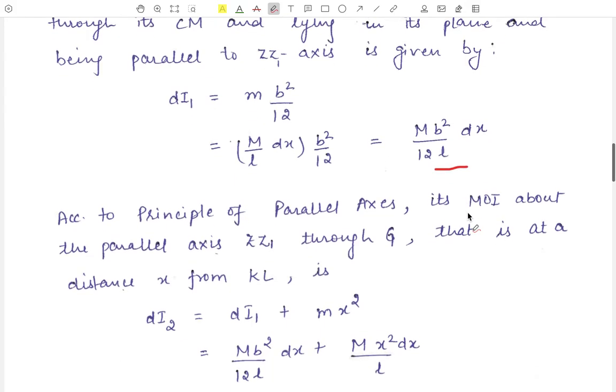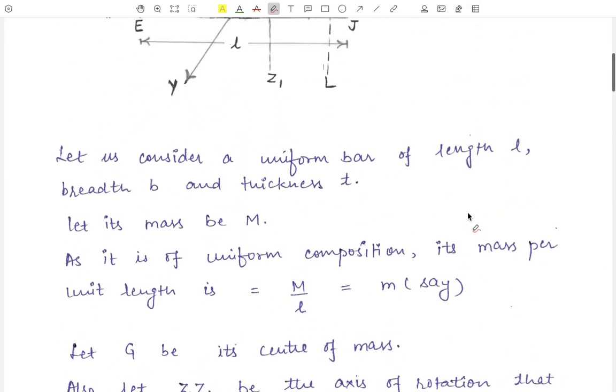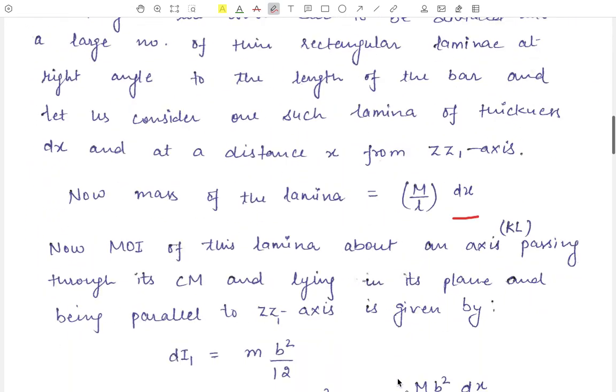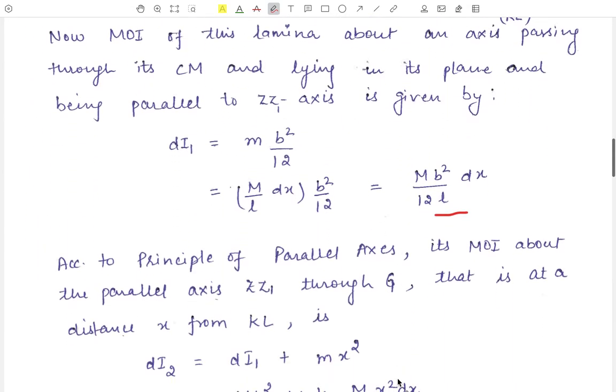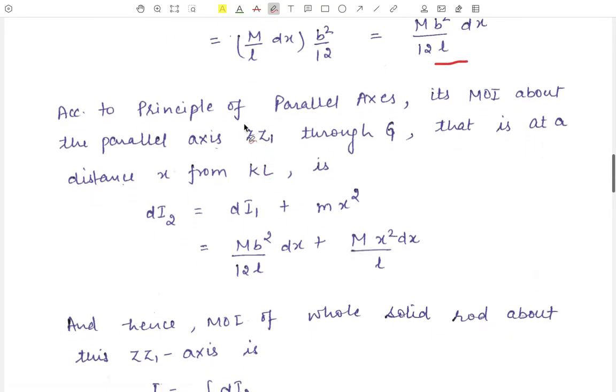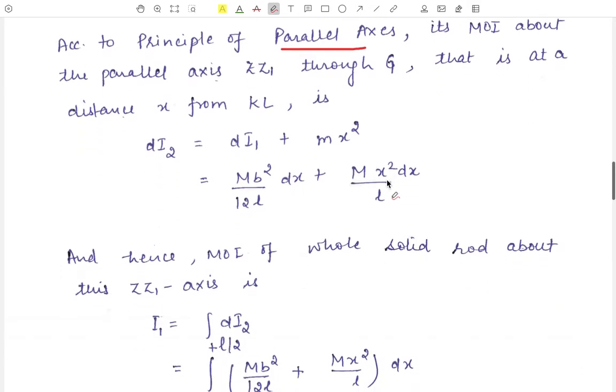Now we have two parallel axes, KL and Z1, at a distance x from each other. Therefore we can find out the moment of inertia of the same lamina about the Z1 axis using the principle of parallel axis, according to which the moment of inertia about the Z1 axis is equal to I_KL, that is the moment of inertia about the KL axis, plus mx square.